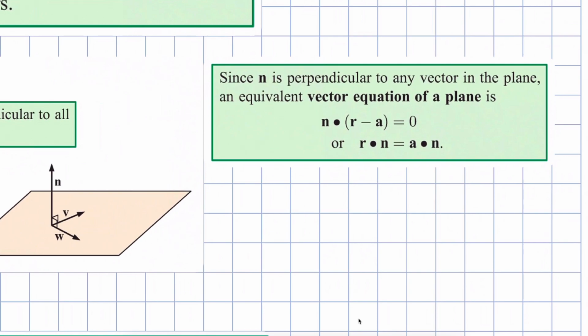Instead of writing the vector equation as it was before, we could say that the scalar product of n with the difference between these two vectors, R take A, is equal to 0. Remember that if the scalar product is 0, then they're 90 degrees.